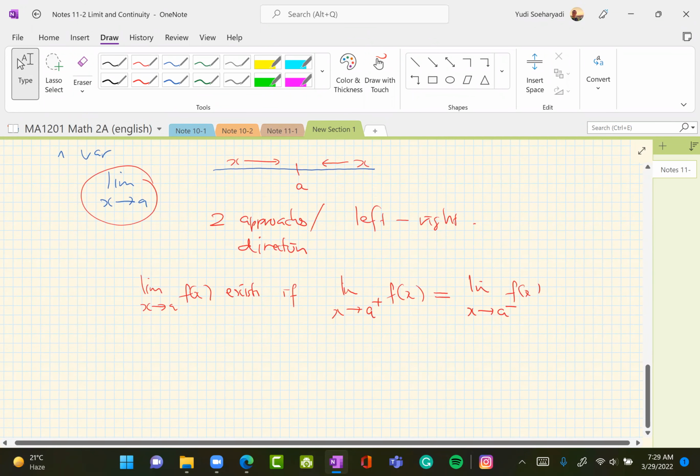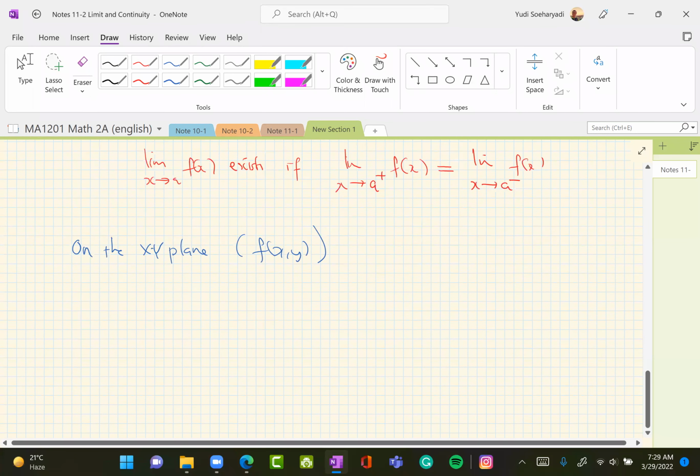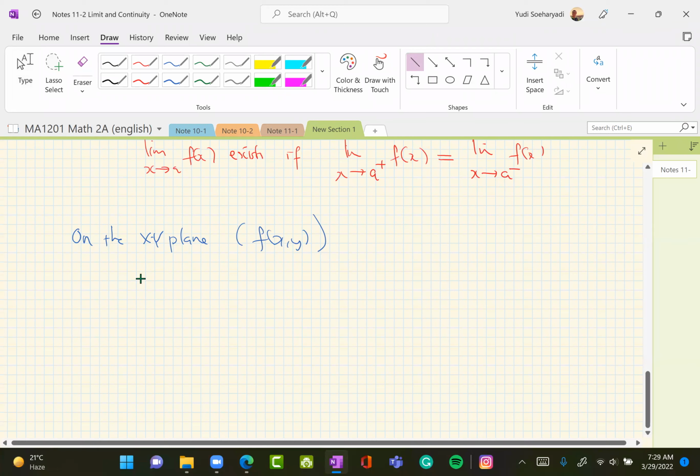Now, if you have a plane, on the xy plane, meaning that you have two variables, this is the case.